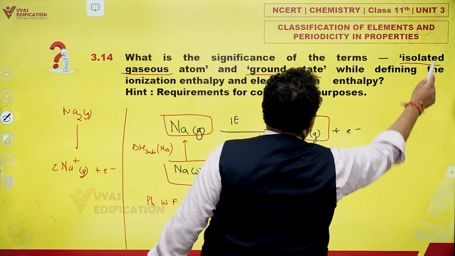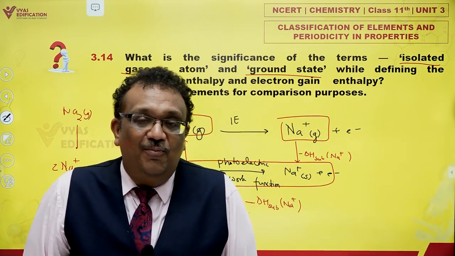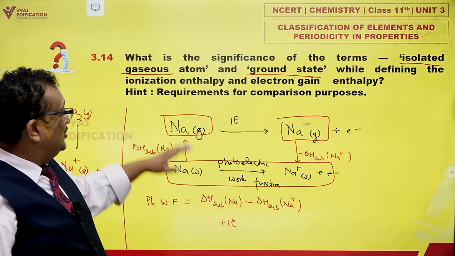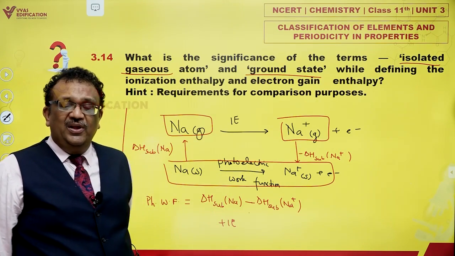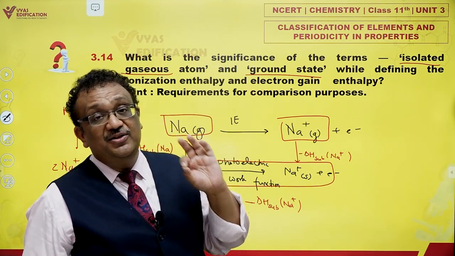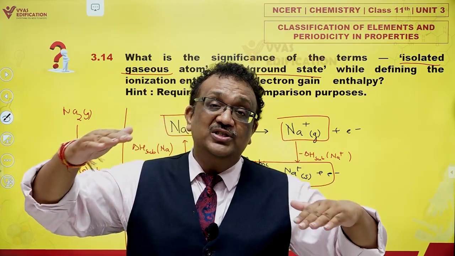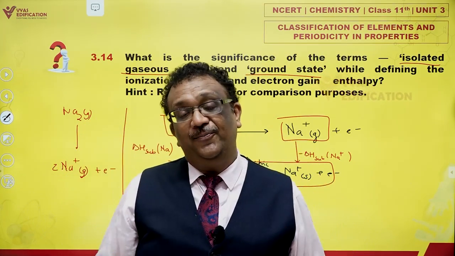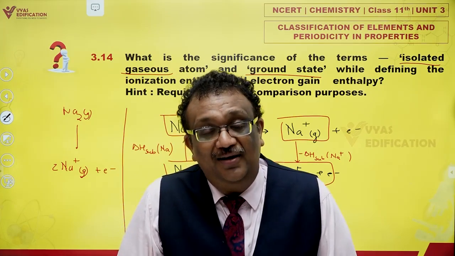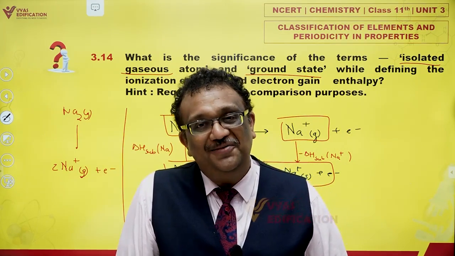Of course, they must be isolated and gaseous, and this, my dear, is the very significant portion of the definition of ionization energy. And very similarly, electron gain enthalpy also. Whenever you are measuring any energy change between 2 points, those 2 points have to be correctly, accurately defined. And for that, isolated, gaseous, ground state are very important terms.